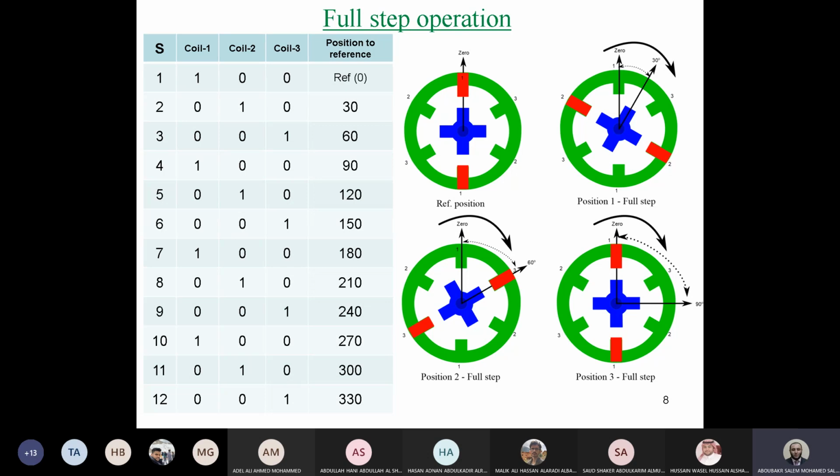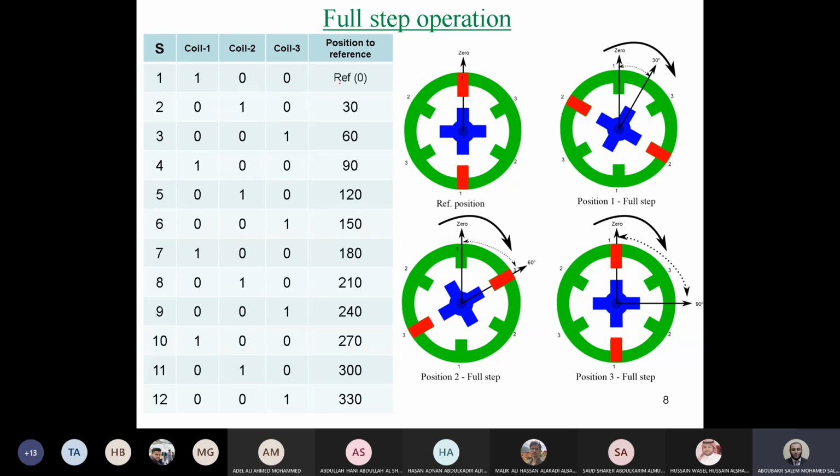In order to recognize the full step operation, or the operation for any stepper motor, first we said that the first signal or the first position will be assumed. So for the first one, we assume that we have step number 1, where coil 1 is energized and the other 2 coils are de-energized.